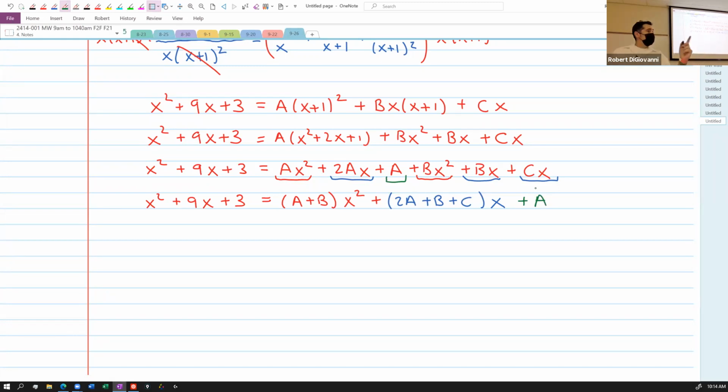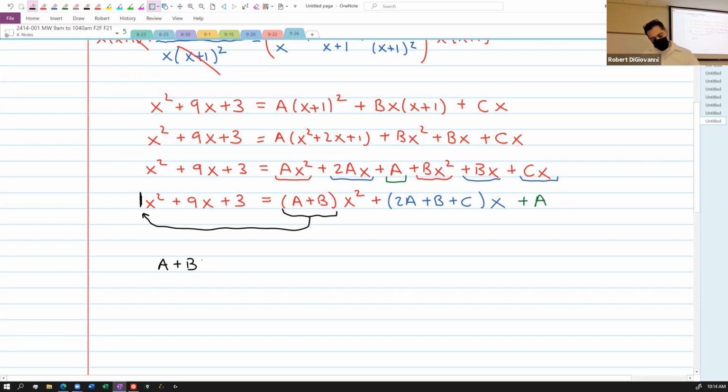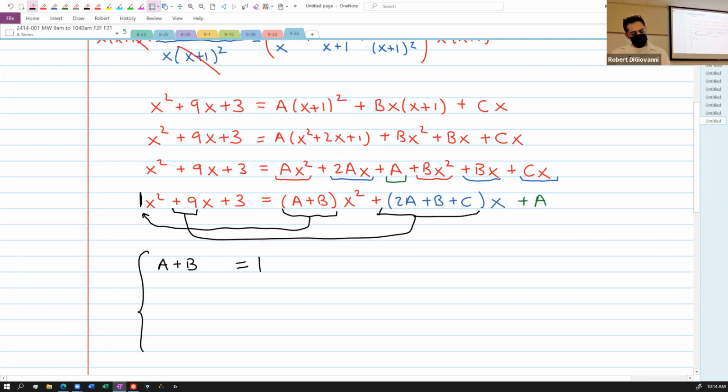Now we match the coefficients, right? A 1 in front of the x squared has to match the A plus B. So A plus B is 1. The second equation tells me that 9 must match this. So 2A plus B plus C must be 9.